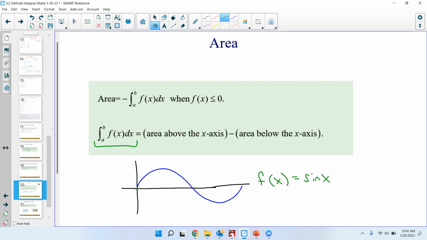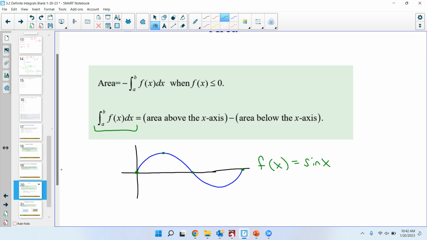From 0 to, well, sine goes up to 1 at pi over 2, good. And then it hits the x-axis at pi, goes down, reaches a minimum at 3 pi over 2, and then it comes back up at 2 pi, right?